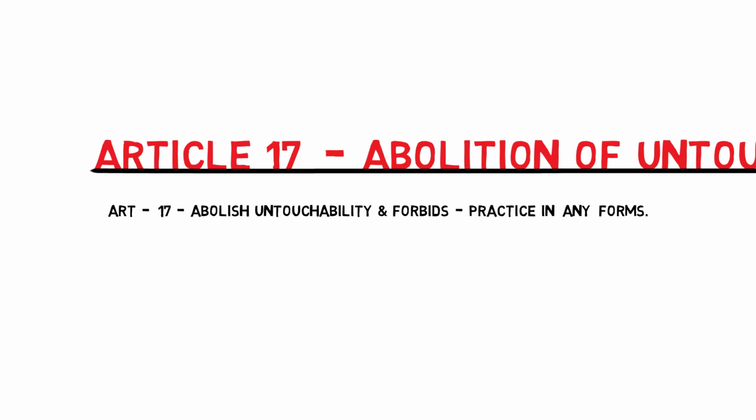So basically, Article 17 stresses the concept called untouchability. Now, what is untouchability? Untouchability is a kind of social practice which has been practiced in India for a long time before independence, in fact, and even in certain aspects it is still practiced even after independence.